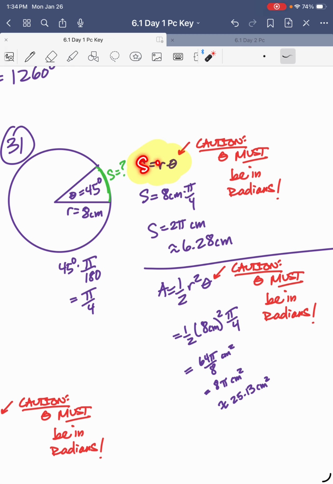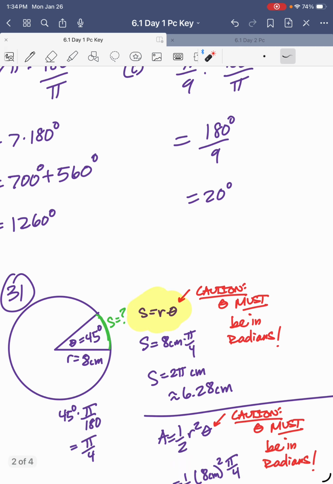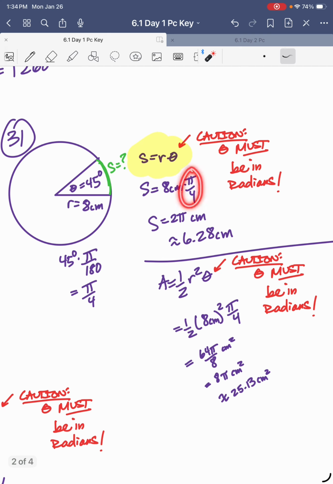But remember, arc length is radius times radians. So I'm going to put my radians here, because 45 I have memorized as pi over 4, times my 8 centimeter radius just gives me 2 pi centimeters, so it's approximately 6.28 centimeters.